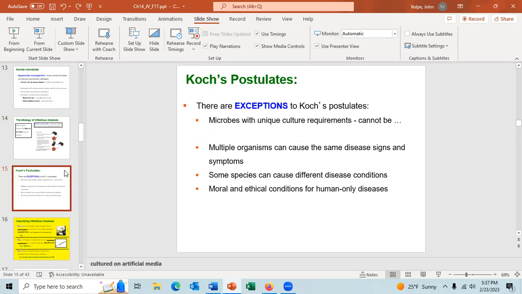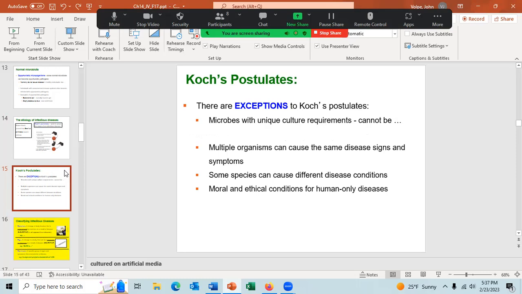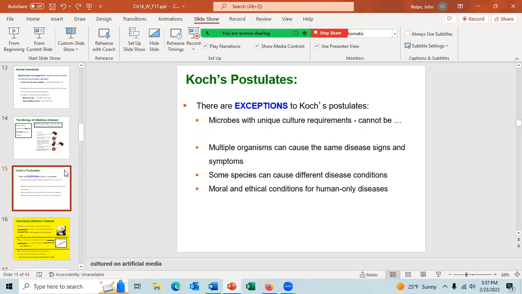It can grow in chimpanzees, but it does not cause AIDS or harm the immune system in the chimpanzee. HIV has to be grown in a human in order to get a disease, and except for the chimpanzee, it doesn't grow anywhere else. So you can't do a human example.